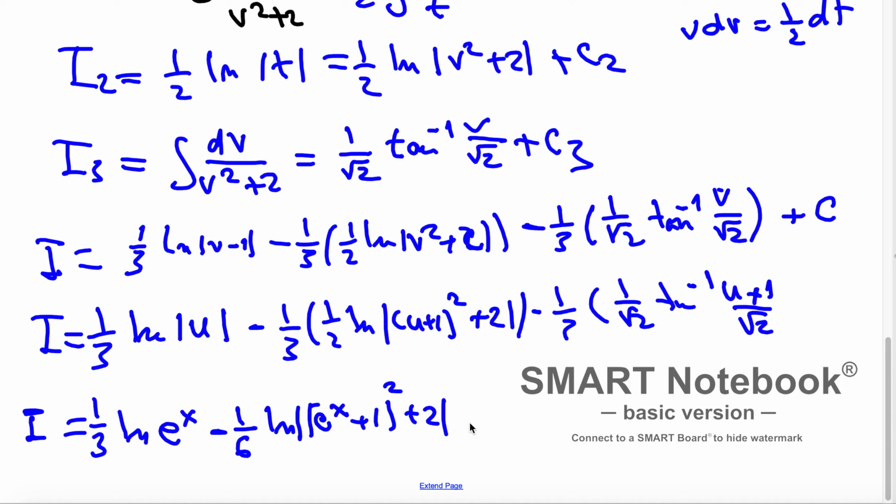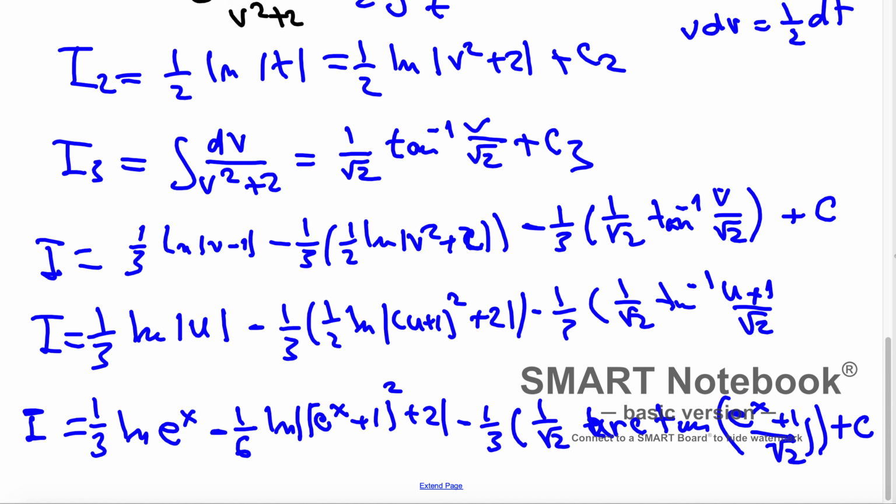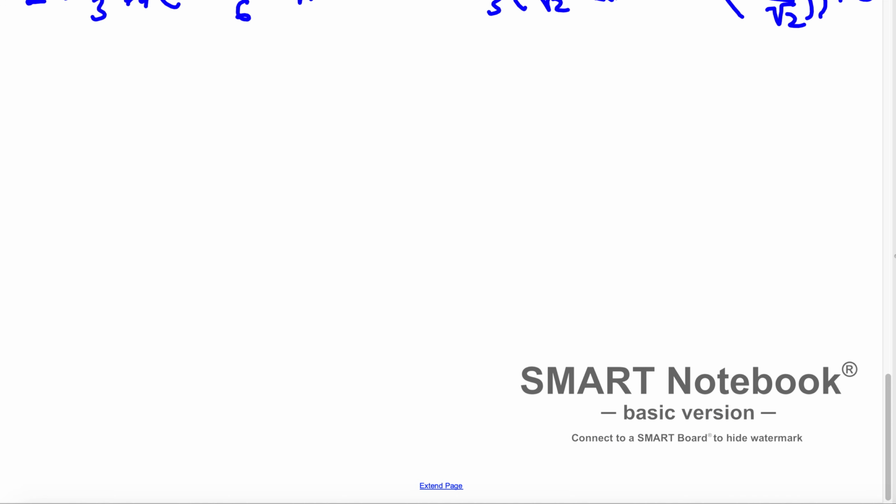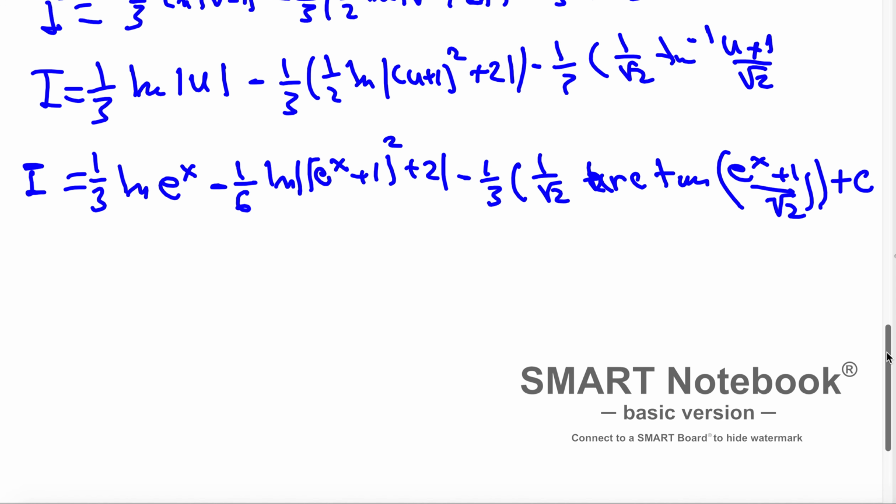And the other one is minus 1 over 3 times 1 over square root of 2 inverse tangent, or let me write arctangent. I can write this form too: u plus 1 is x plus 1, divided by square root of 2, and everything here is plus c. So this is the final result.